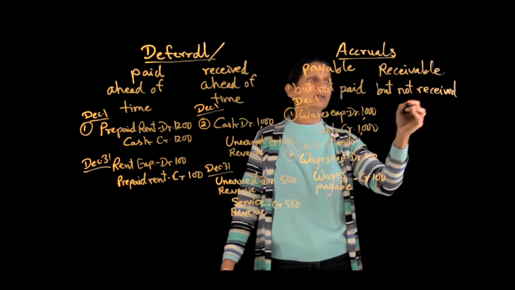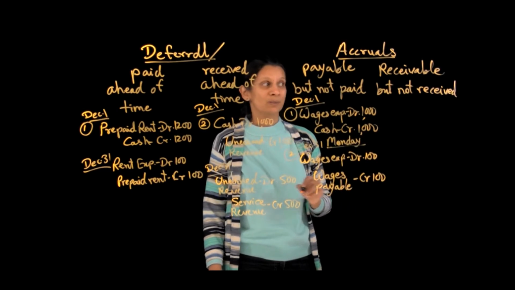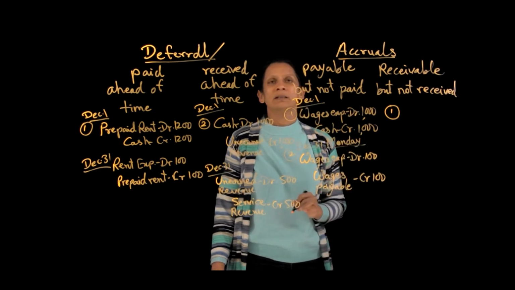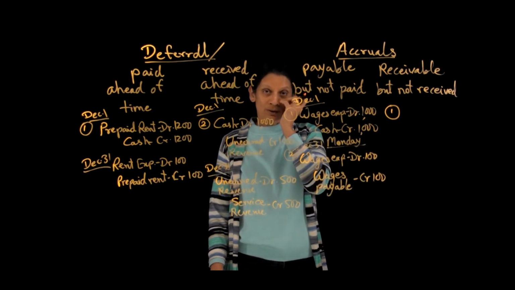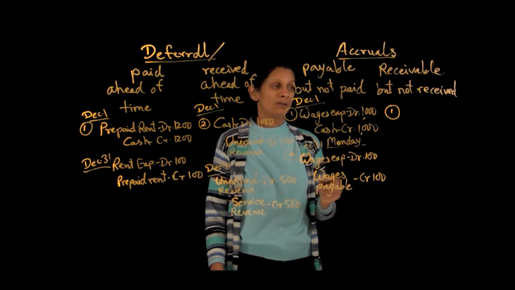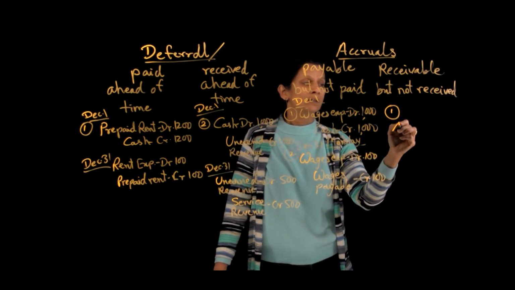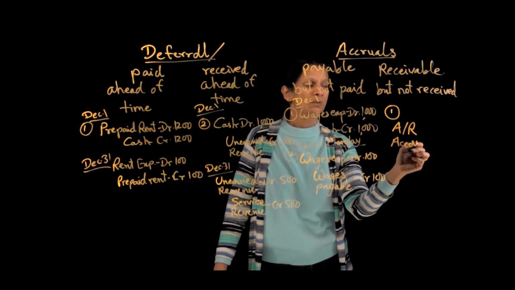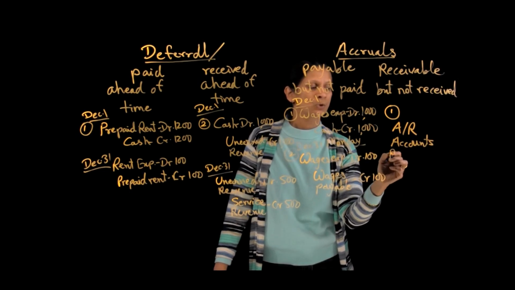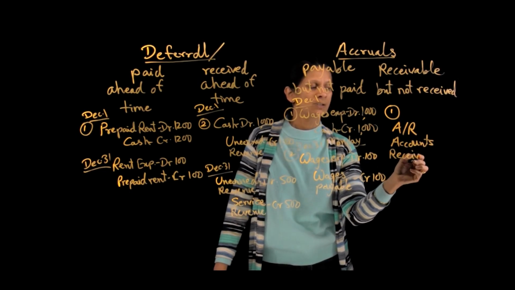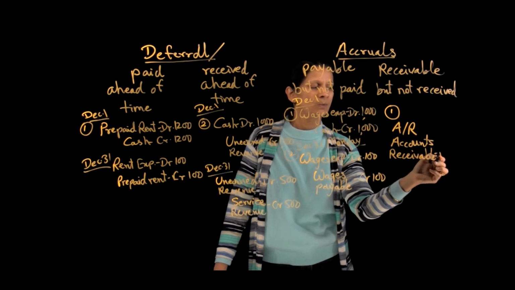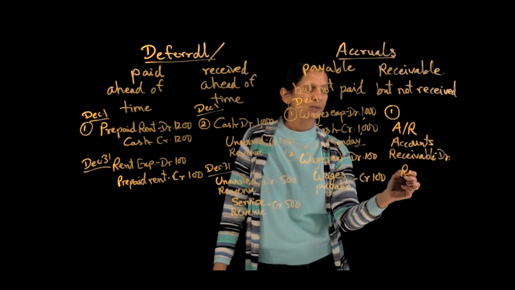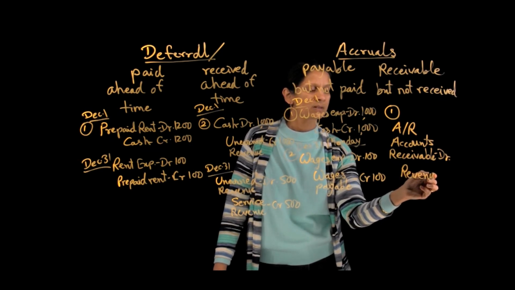Now the last one, receivable but not received. Whenever the customers take the services on credit or buy the goods on credit, they become your asset, accounts receivable. So you will be debiting the balance sheet item, accounts receivable, and you will be crediting the revenue because you delivered the services.